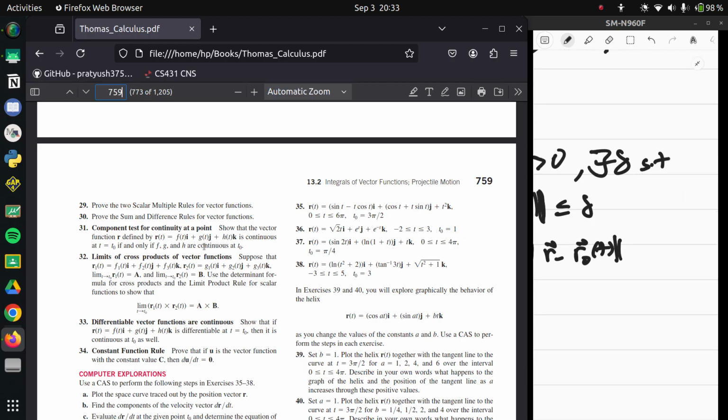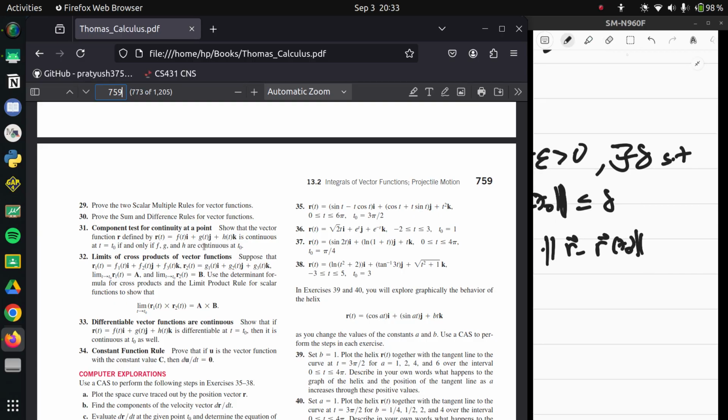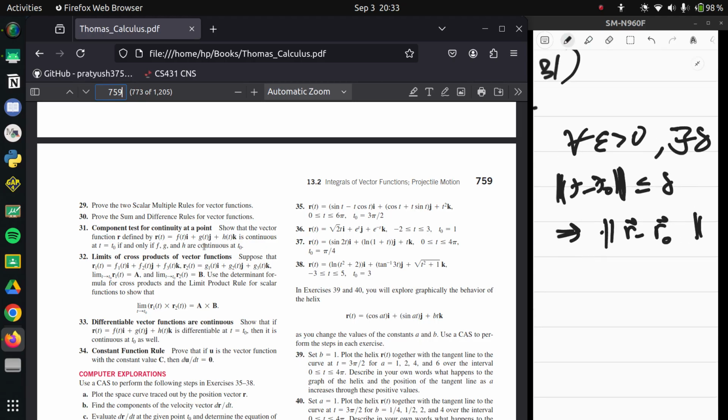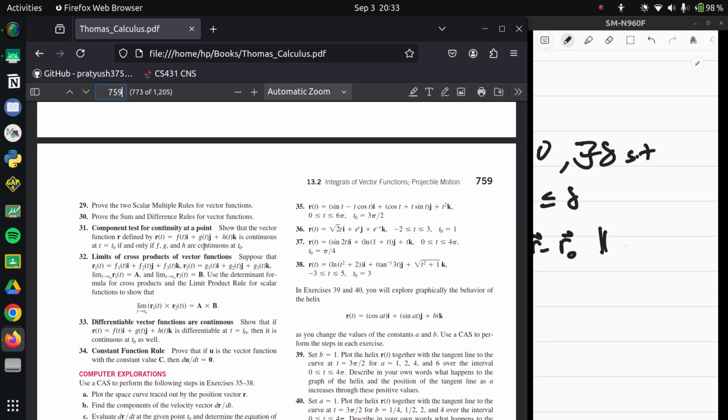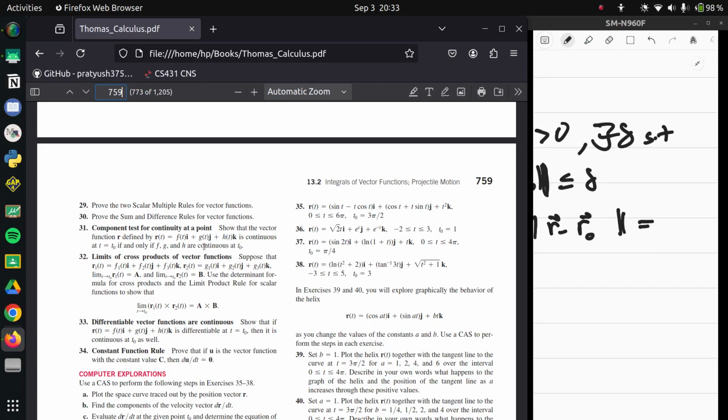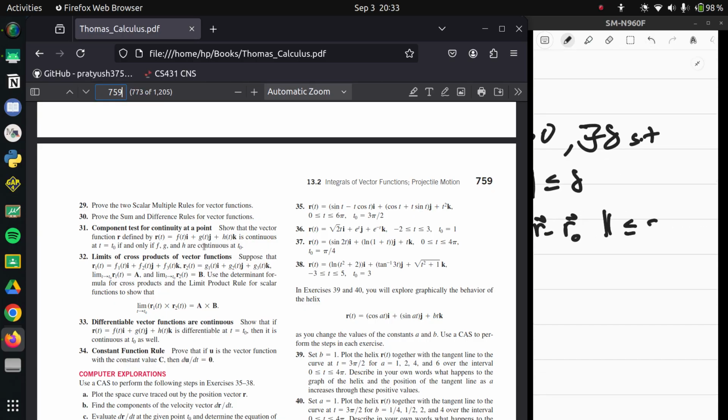So r of t naught is what I should say, right? Let's just call that r naught directly.